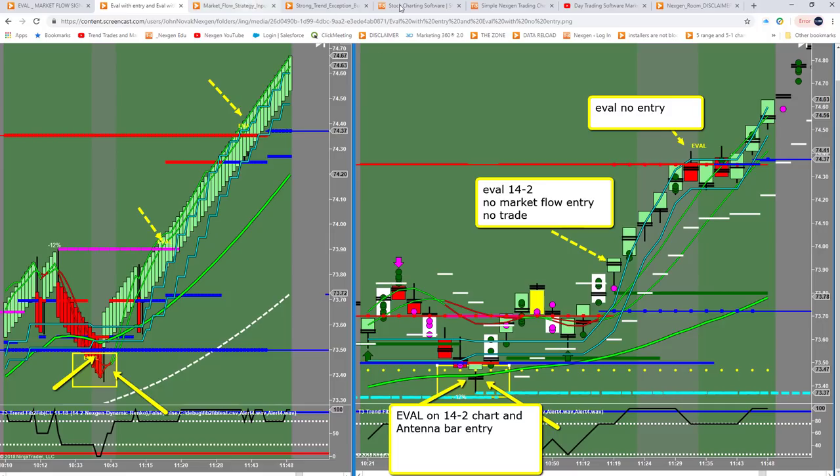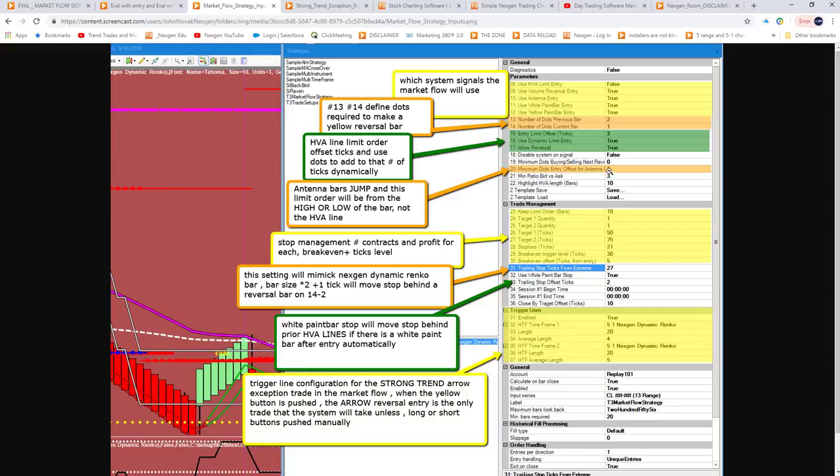So the strategy itself will put the order above or below the high of the bar itself. Instead of having a retracement like we're trying to get on some of the other trades back to the high volume area, the antenna bars are basically just go.